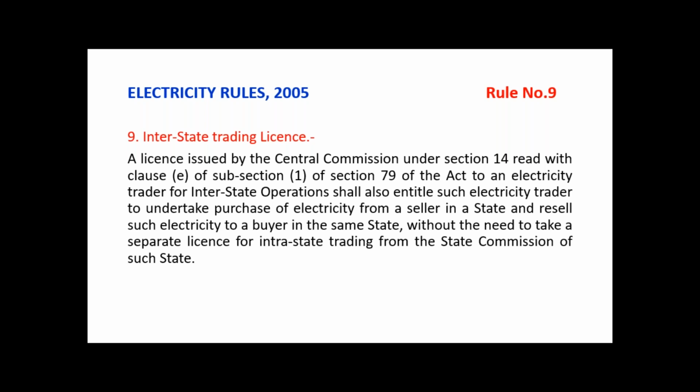So if the operations, whether generation, trading, transmission or distribution, are interstate and related to electricity trading, then the license should be there, and that license holder is called an electricity trader. That electricity can be sold by that trader into different states. All these things are again observed by the state government as well as by the central government.